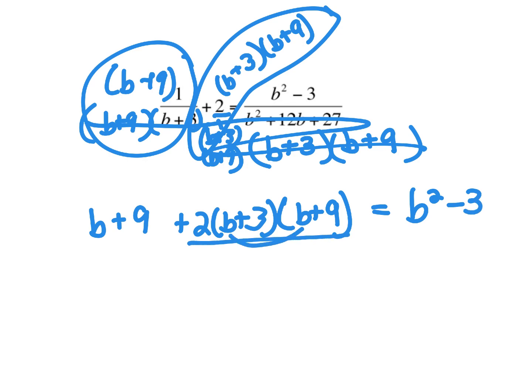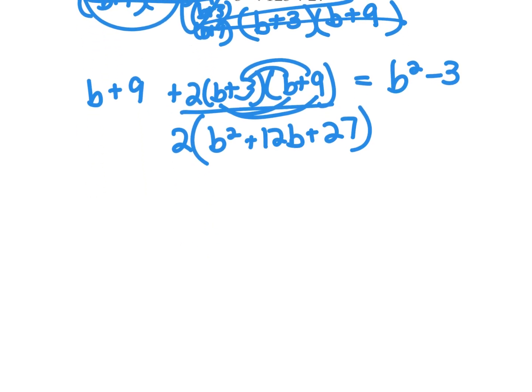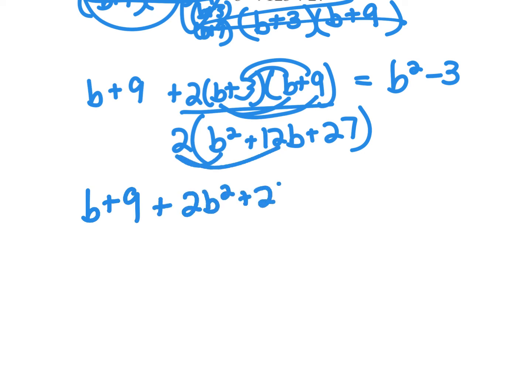Okay, so we have to work on this part. I'm going to FOIL and get b squared plus 9b plus 3b is 12b. And 3 times 9 is 27. And then we still have to double all of it. So we have b plus 9 plus 2b squared plus 24b plus 54.